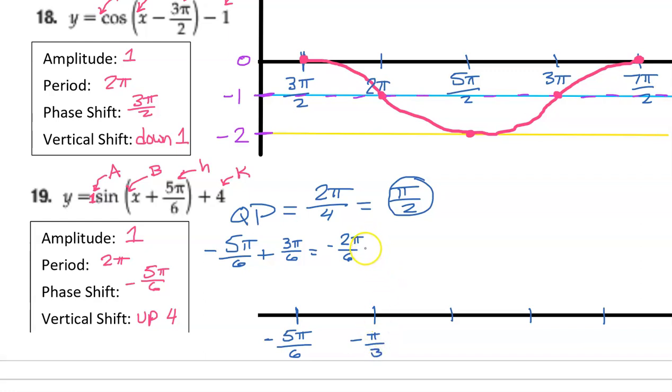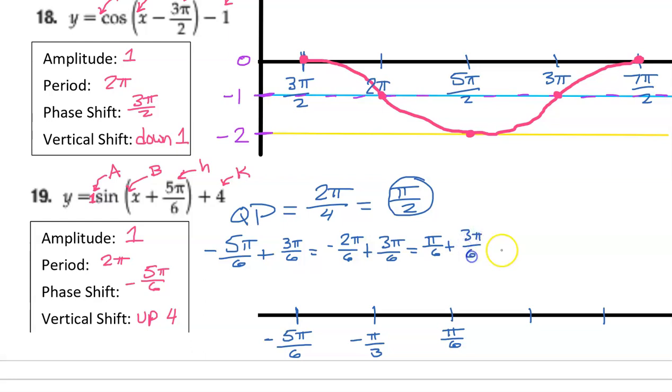If I add another quarter period, so another 3 pi over 6, this is going to equal 1 pi over 6, or simply pi over 6. How about if I add another quarter period?